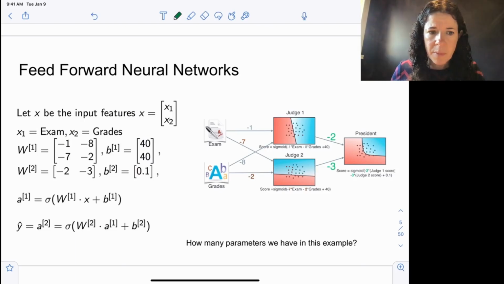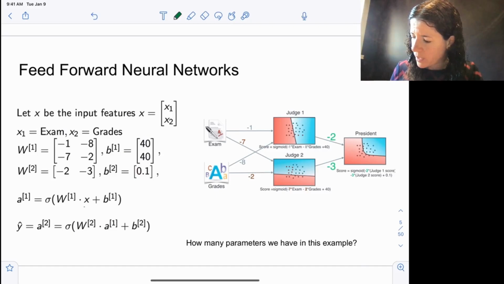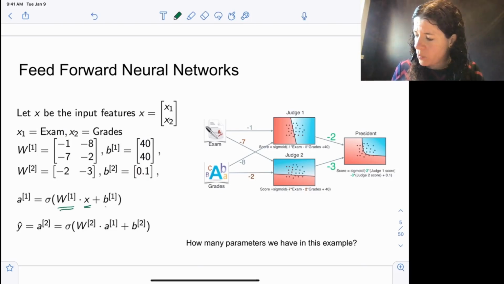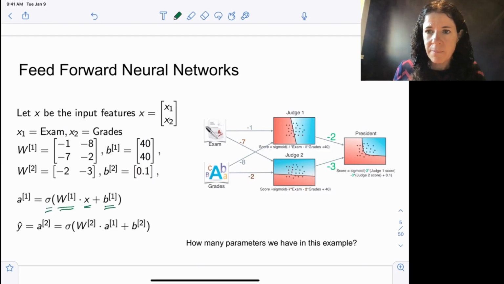Now, if you remember, what was the formula we used to compute this model? First we take x, which is a 2-dimensional vector, we multiply by the matrix W1, we sum the bias, and then we put a sigmoid on that.